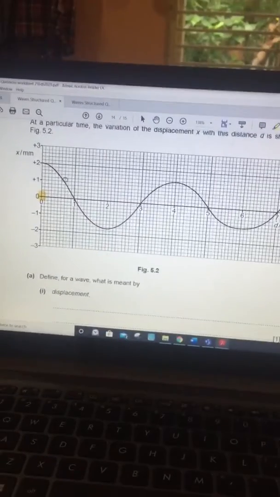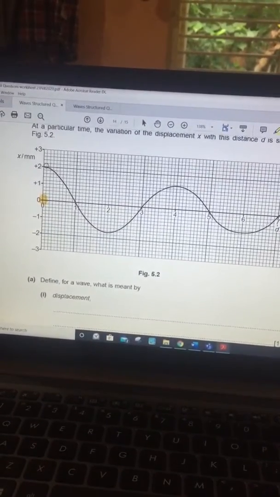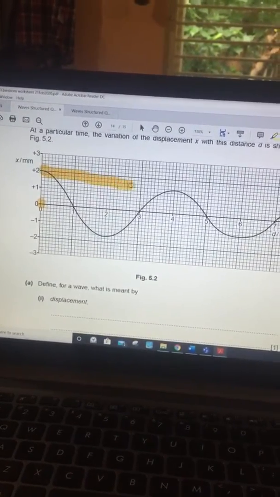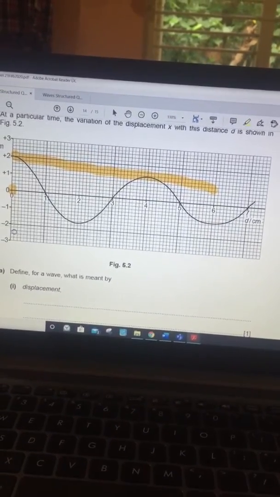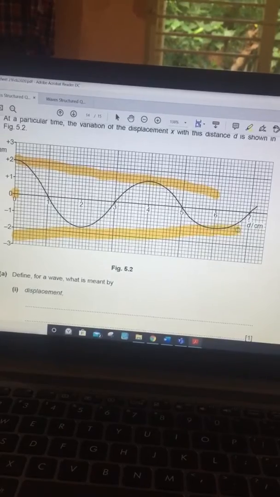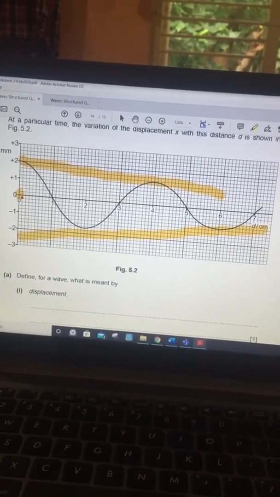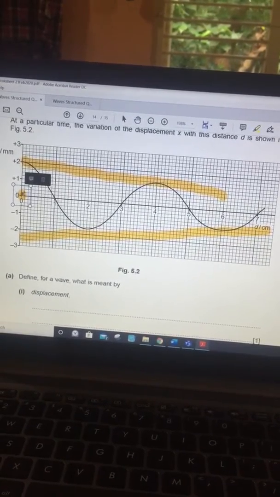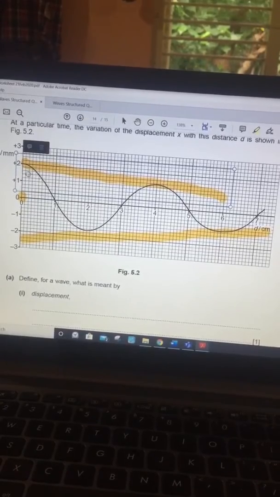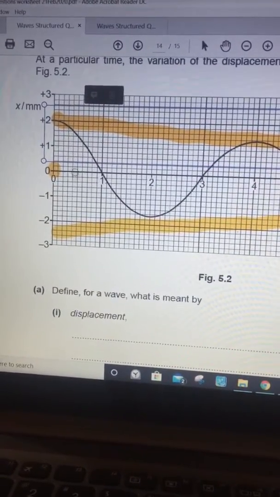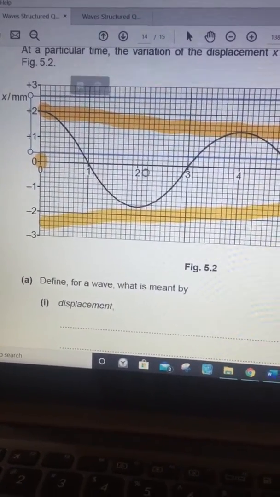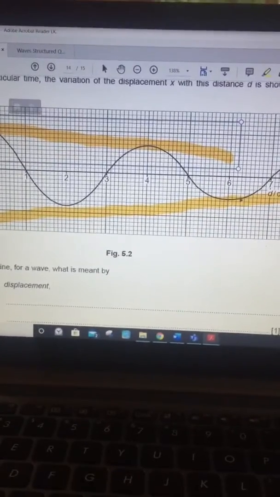Then as it moves away, the amplitude is decreasing, right? Here the amplitude is larger, and you can see the amplitude is decreasing compared to here. The amplitude lowers and lowers.